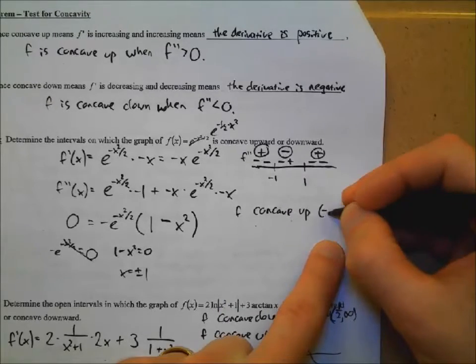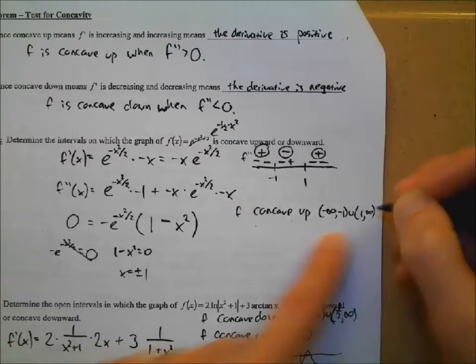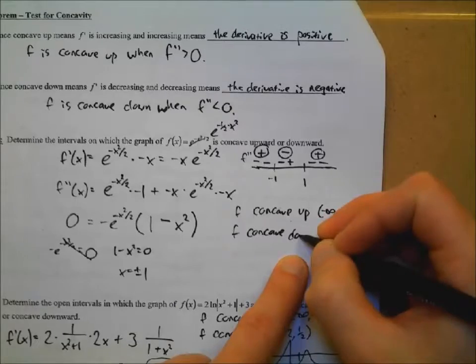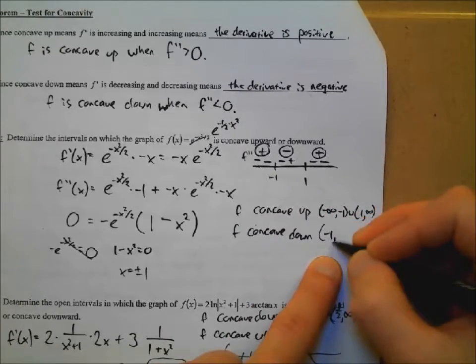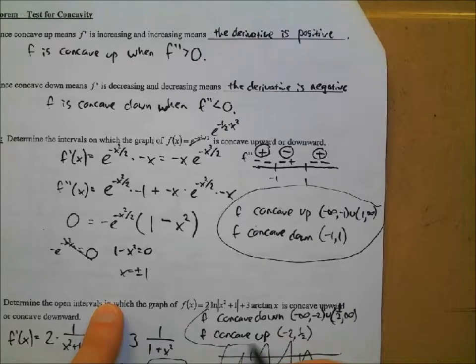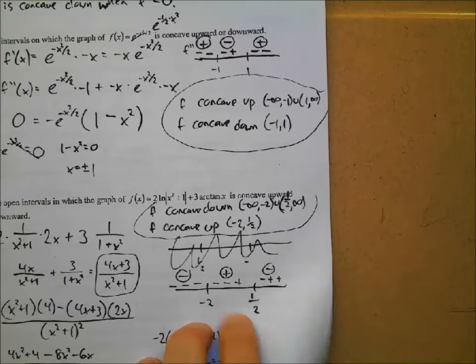Let me finish doing this, though, because that is a big boo-boo that I did not put the final answer down. I got too excited to move on here. Okay, yes, this is our final answer right here for those two. All right, so please don't forget, if you're asked to find concavity, that you actually list what the concavity is. All right, questions on any of that?